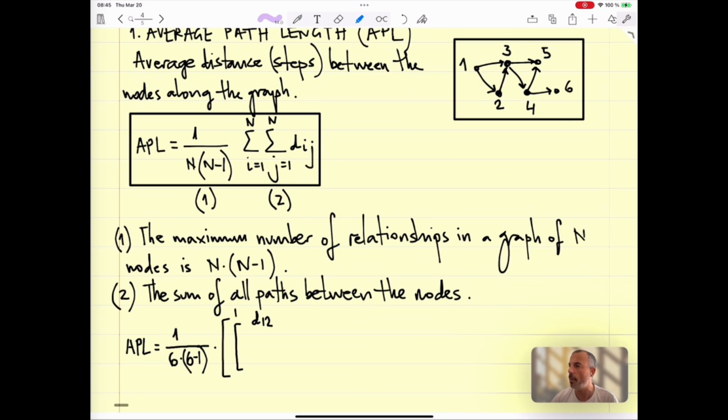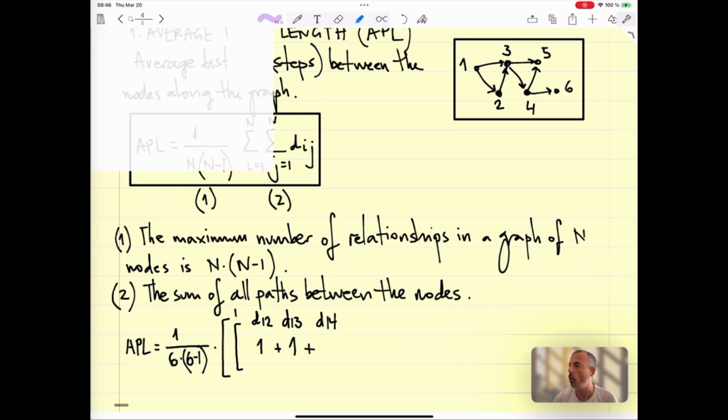So the distance between 1 and 2 is 1, plus the distance between 1 and 3 is also 1 step. I need only 1 jump. Plus the distance between 1 and 4 is 2 steps. I'm taking the smallest, okay?